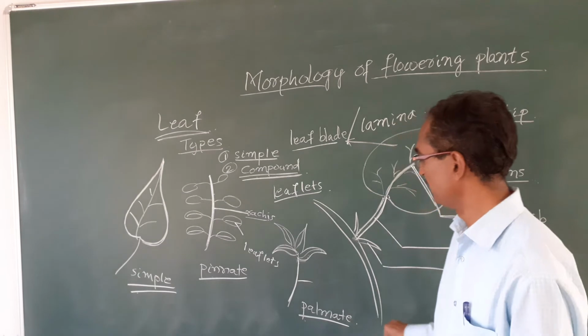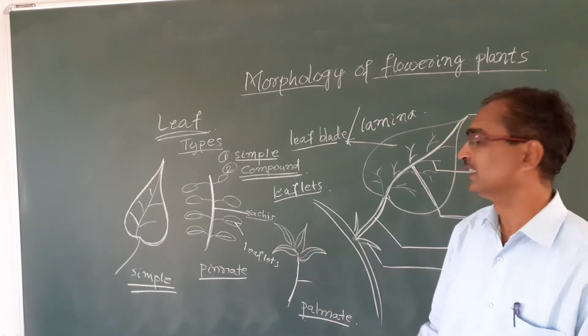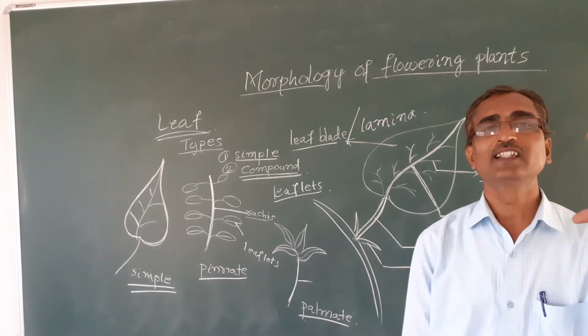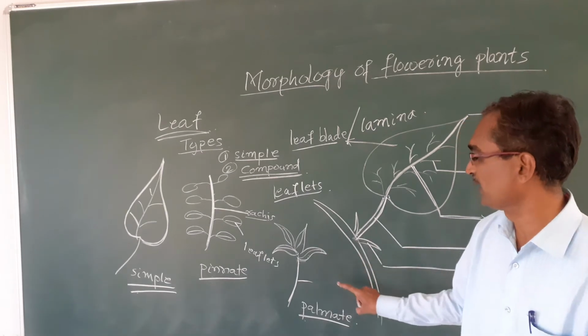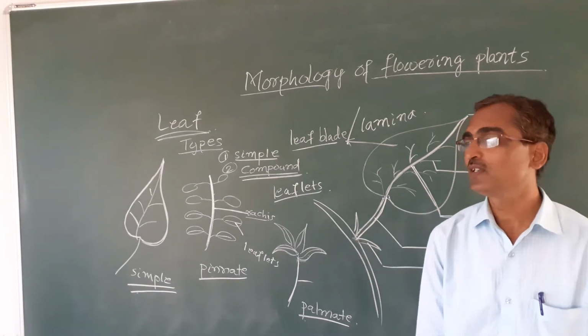This is the petiole, and at the tip of it these leaflets are arranged in a palm-like structure, like the digits of a palm. That is why it is known as a palmately compound leaf.